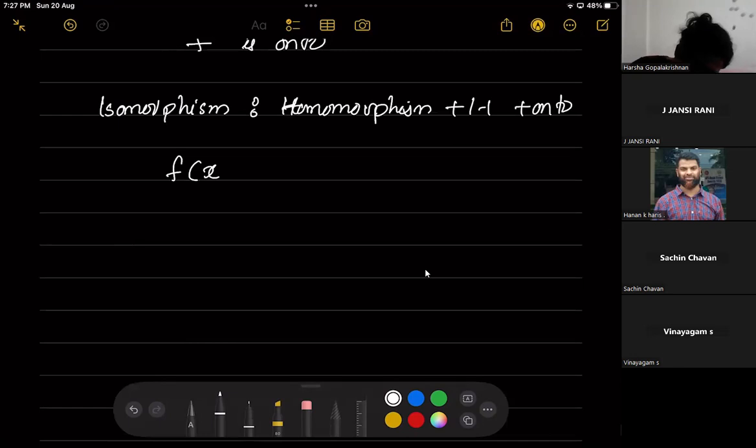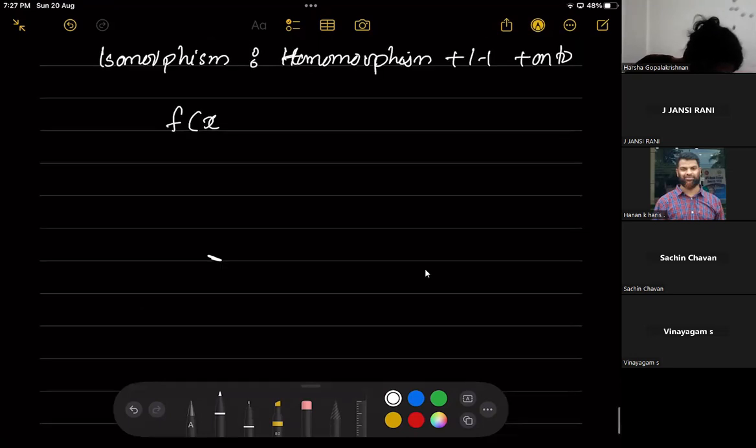So f of x plus y should be equal to f of x plus f of y. This is what we want to prove.